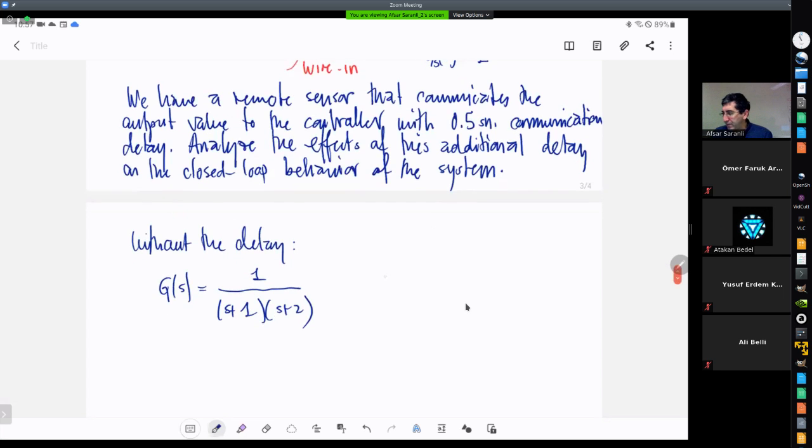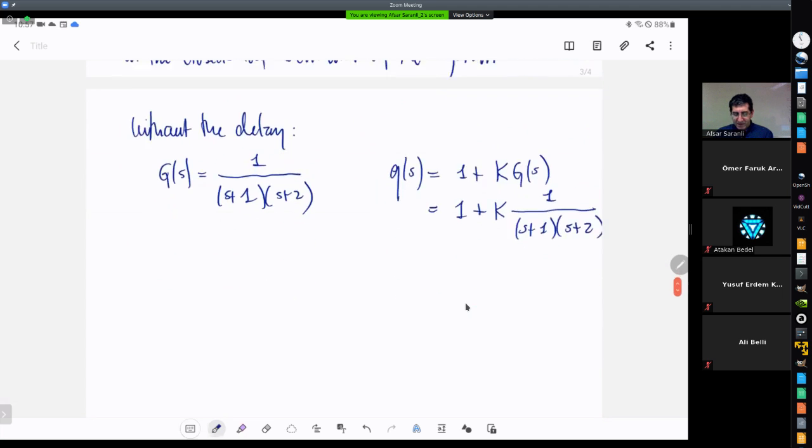So basically the characteristic equation is equal to 1 plus K times G of S, right? So K times G of S. So that basically what I have is the root locus of this open loop transfer function, right? S plus 1, S plus 2. We have done this countless times, right?